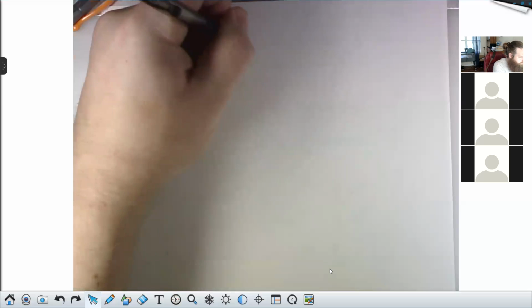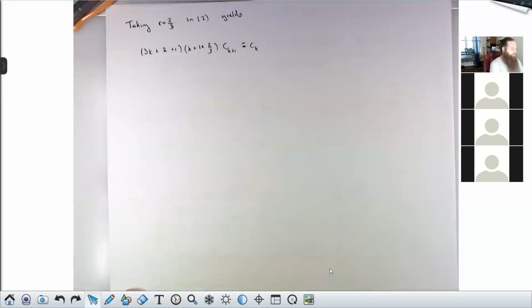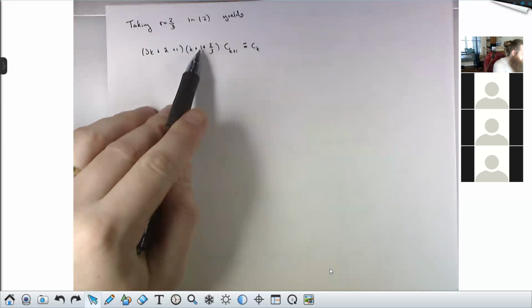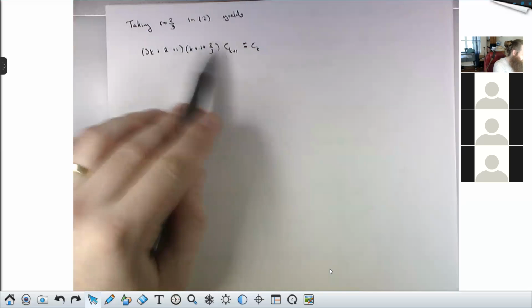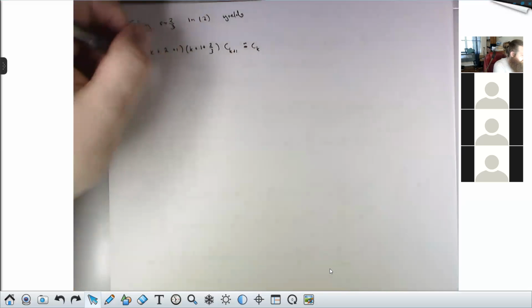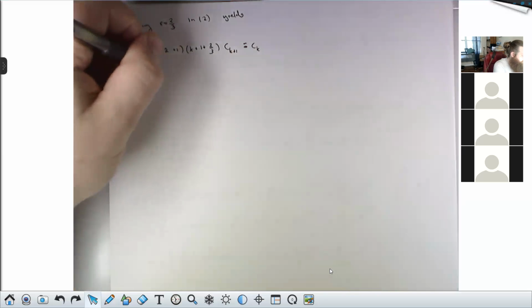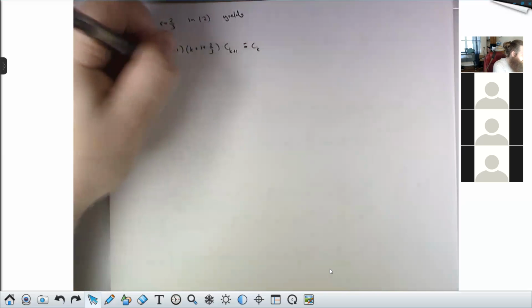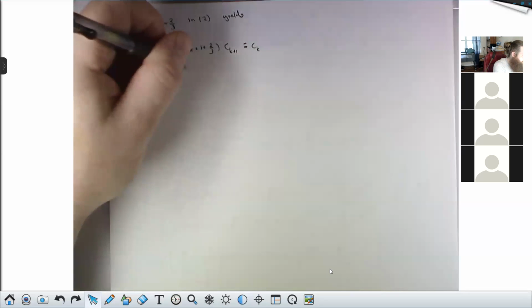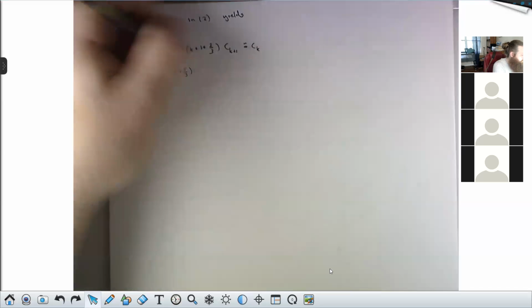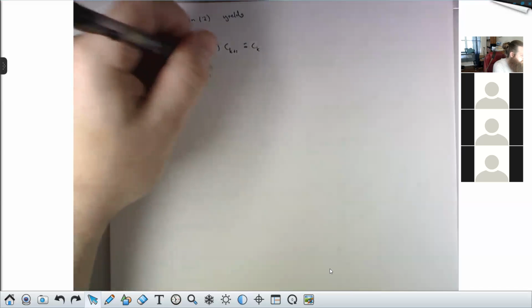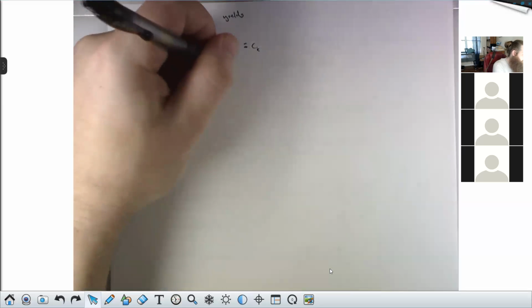So I'll just say equals Ck. This is, of course, 3k plus 3. Here, 1 plus 2/3, 1 is 3/3, so that's k plus 5/3. So 3k plus 3 times k plus 5/3, Ck plus 1 equals Ck.